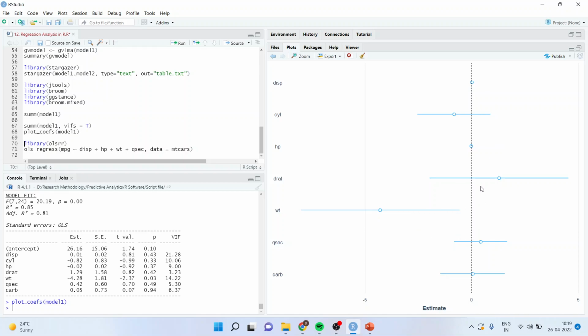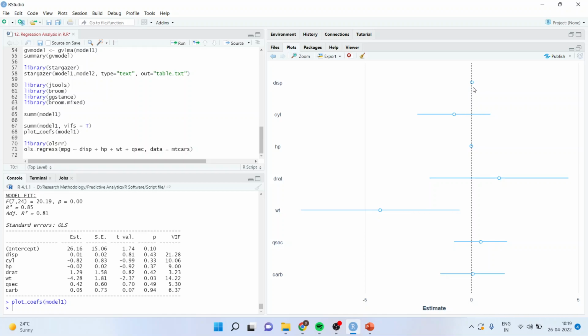Those variables which are dissected by the zero line, it is just like a Tukey test which we had done in ANOVA. See in my previous videos of ANOVA. The variable whose confidence interval is dissected by the dashed line, these variables are not significant.